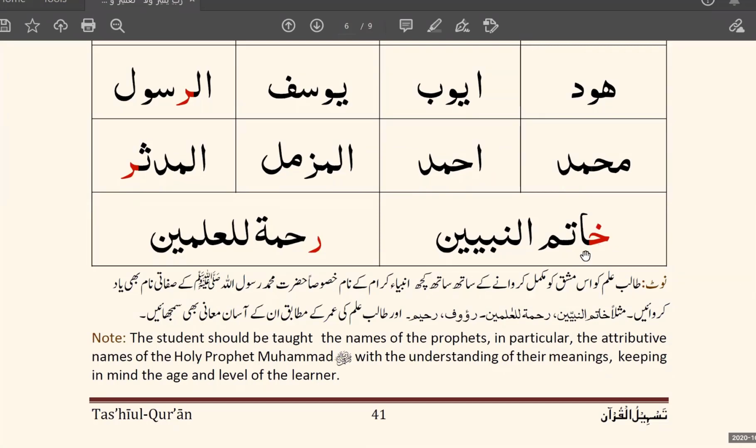Kha. Alif. Ta. Mim. Alif. Lam. Noon. Ba. Ya. Ya. Noon. Ra. Ha. Mim. Ta. Lam. Lam. Ain. Lam. Mim.